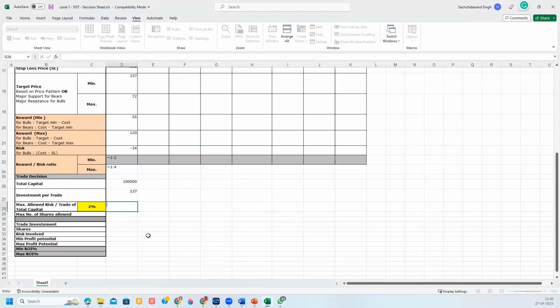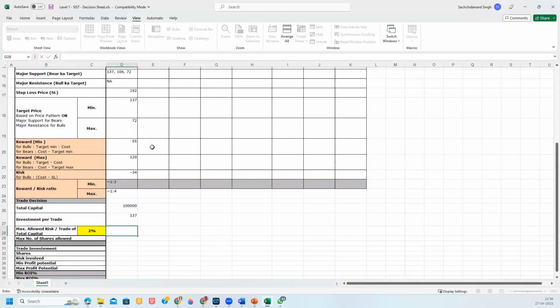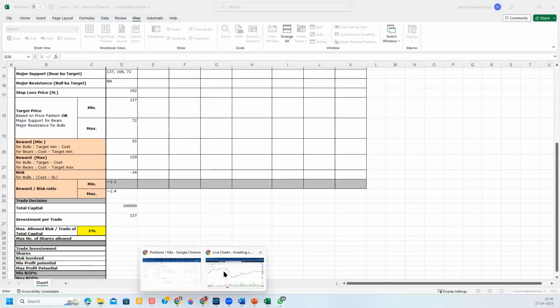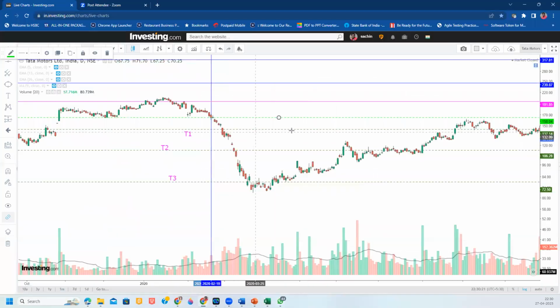Wait. Investment per trade: how did you decide on 137 there? Not 137. It is basically the cost or the price of that particular stock at that moment, which was 158 rupees. This particular value may vary.